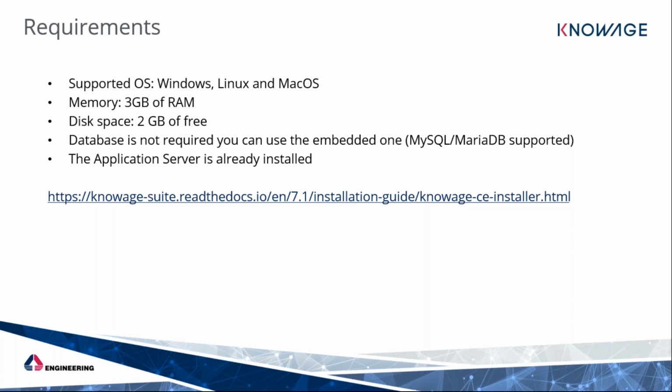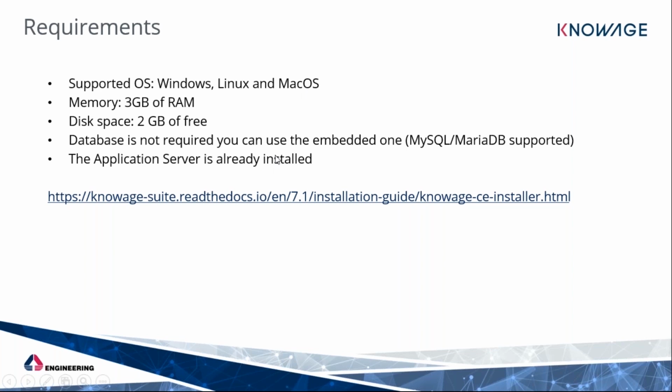In our case, a database is not required because we will use the embedded one, that is MariaDB, and we use an application server that in our case is Tomcat, which is also included directly in the installer.